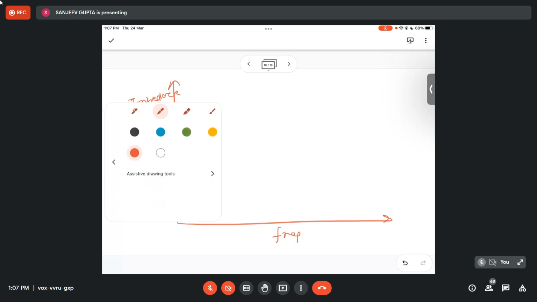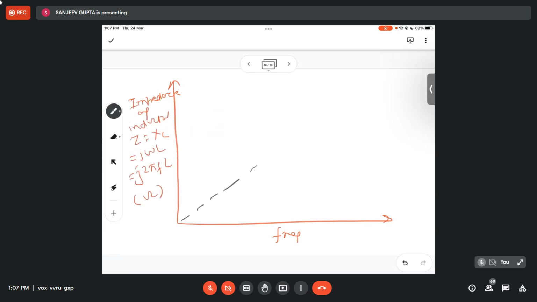First we plot the ideal one. Like in the capacitor it was decreasing, but this is the ideal or perfect inductor because its impedance is increasing with frequency. But practically, what will happen?